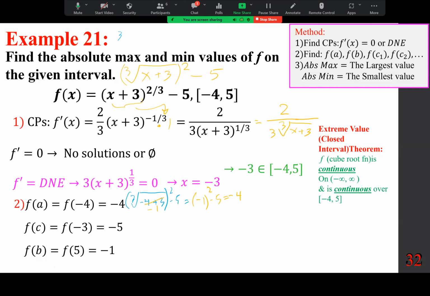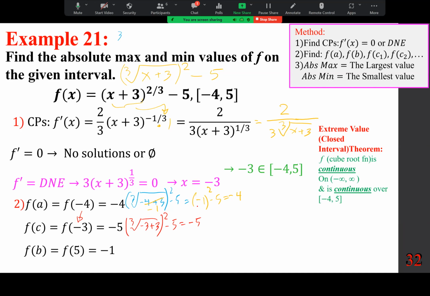Negative 3 is very simple. For negative 3, you get cube root of negative 3 plus 3, squared, minus 5, which is 0 minus 5, because negative 3 and 3 add up to 0.